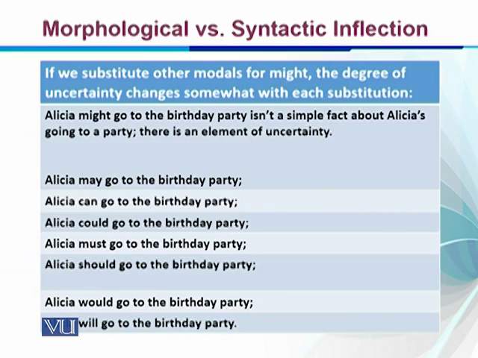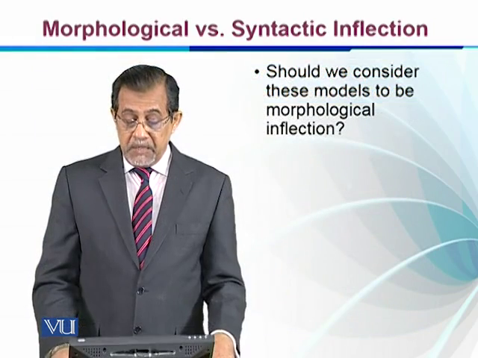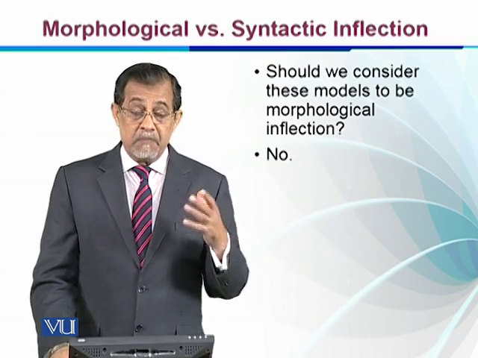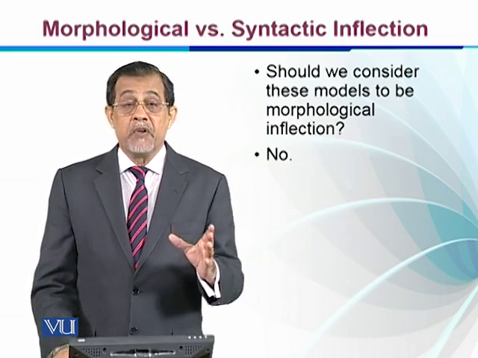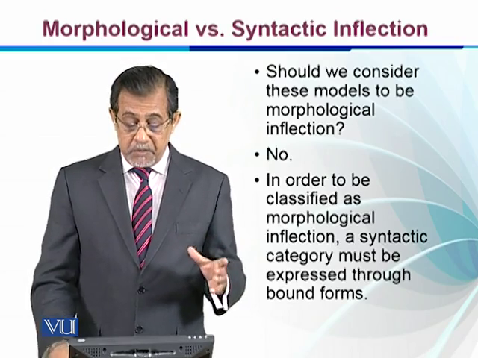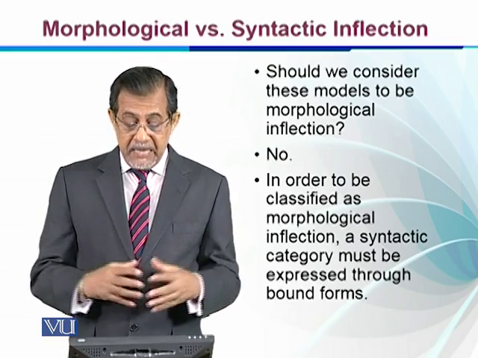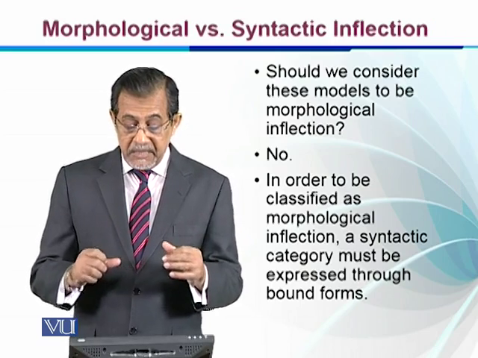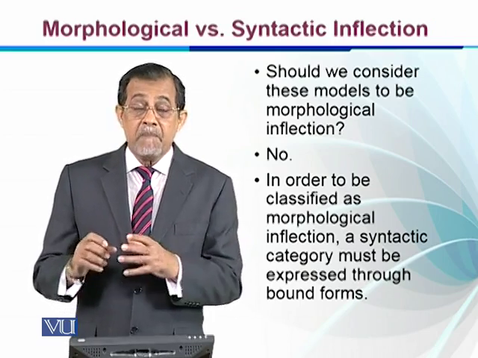It tells us the certain attitude of the speaker instead of simply giving us facts about the subject. Should we consider these modals to be morphological inflection? This is the question. No, not at all. These are not morphological inflections. In order to be classified as morphological inflection, a syntactic category must be expressed through bound morphs.